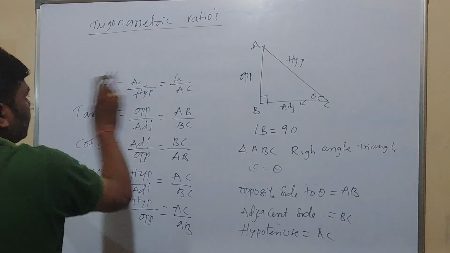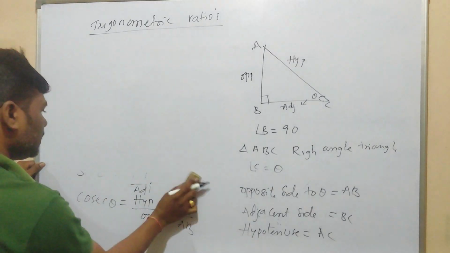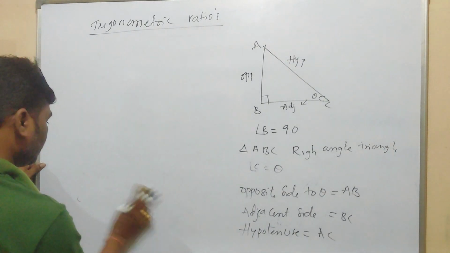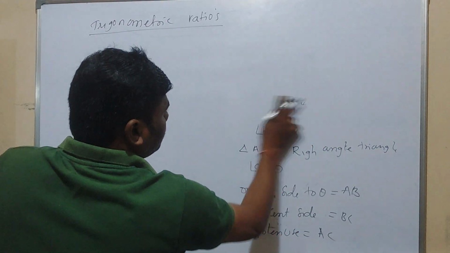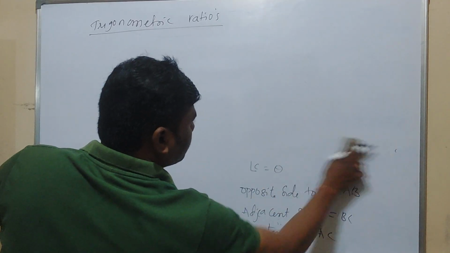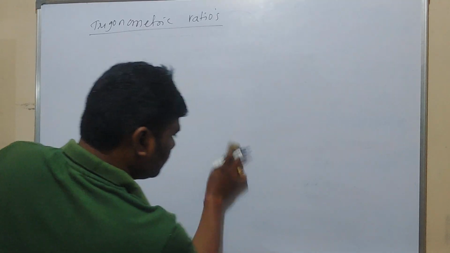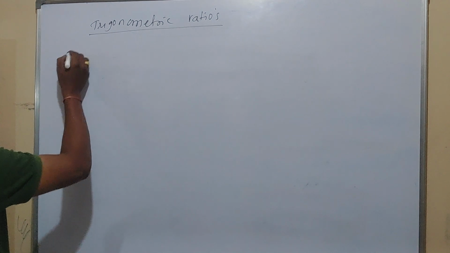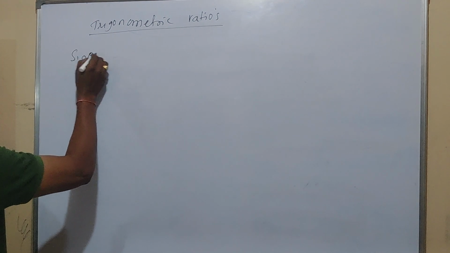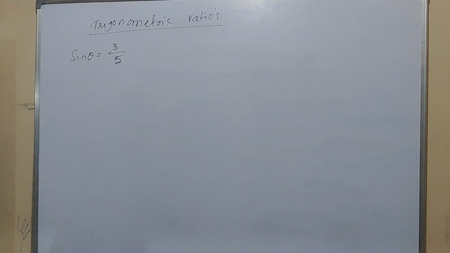Next, using these ratios, I will explain exercise questions. Exercise 1: sin theta equals 3 by 5.